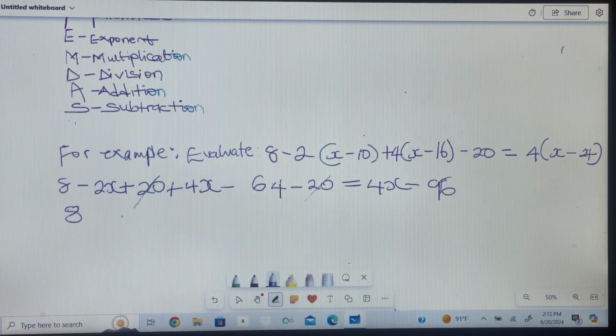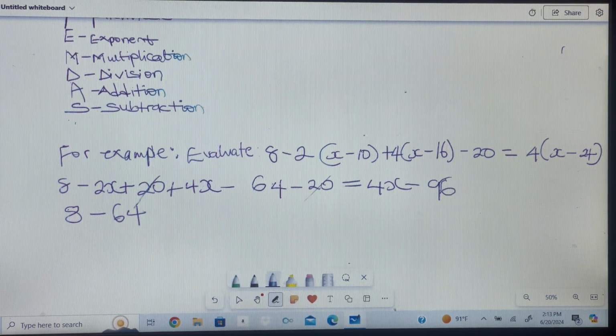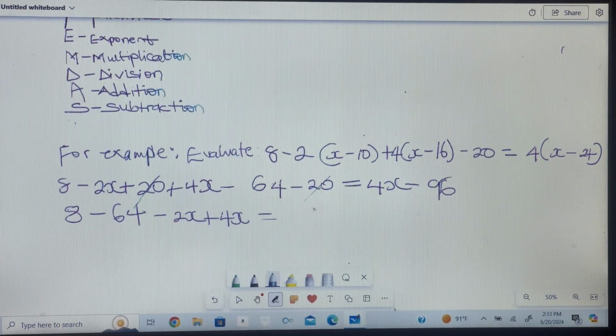Another constant is negative 64. There's no other constant. So we go back to negative 2x and bring it down, and this is plus 4x. Then we bring out the equal to, and this is 4x minus 96.